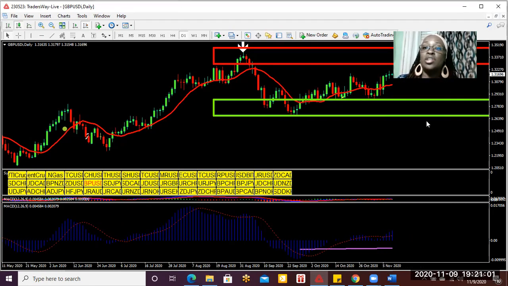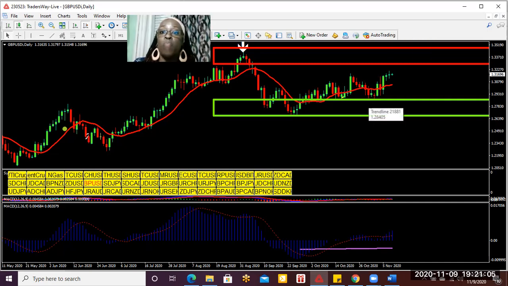But we can't just look at that. We have to also look at what price is actually doing. Now, price currently is in a correction from this bearish trend. So that long position, I'm sure that there are traders looking at taking a long position, looking at this area as well.